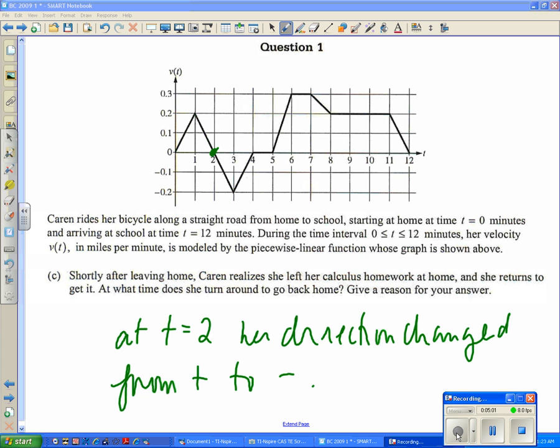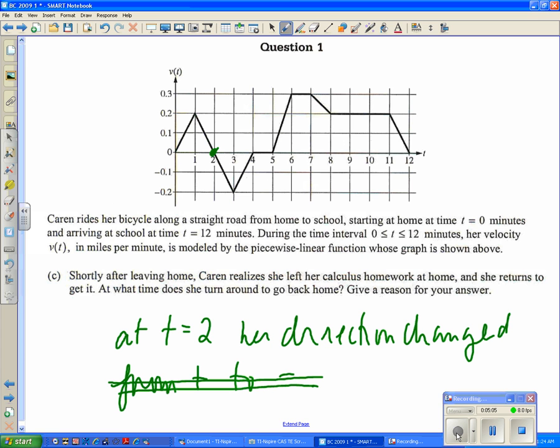In thinking about that just a little bit more, I want to change that statement. At time 2, her direction changed since velocity changed sign. In the context of the problem, it means she went from going towards school to now at time 2, she begins going away from school.